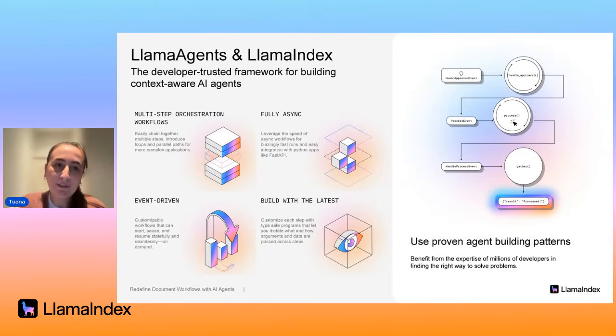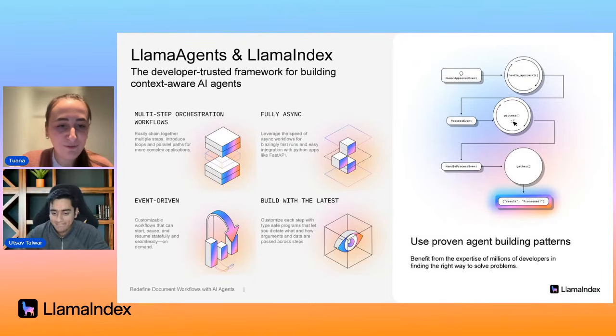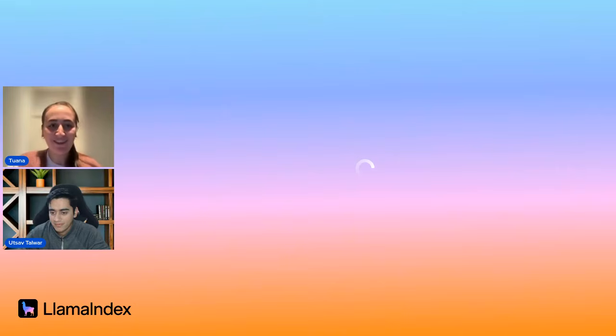And finally, we have Llama agents and LlamaIndex, which is a way for you to curate your own agent workflows, define the exact decision steps that this agent is able to make, but we won't be really covering this too much today. And with that, I'm going to be handing off to Utsav to talk about the final product that we built. So Utsav, let me remove my screen and add yours, and the stage is yours.